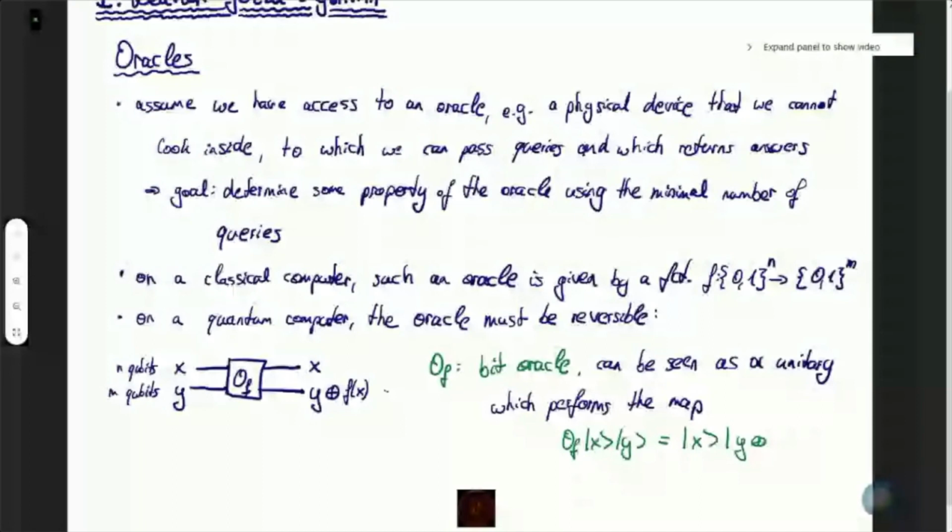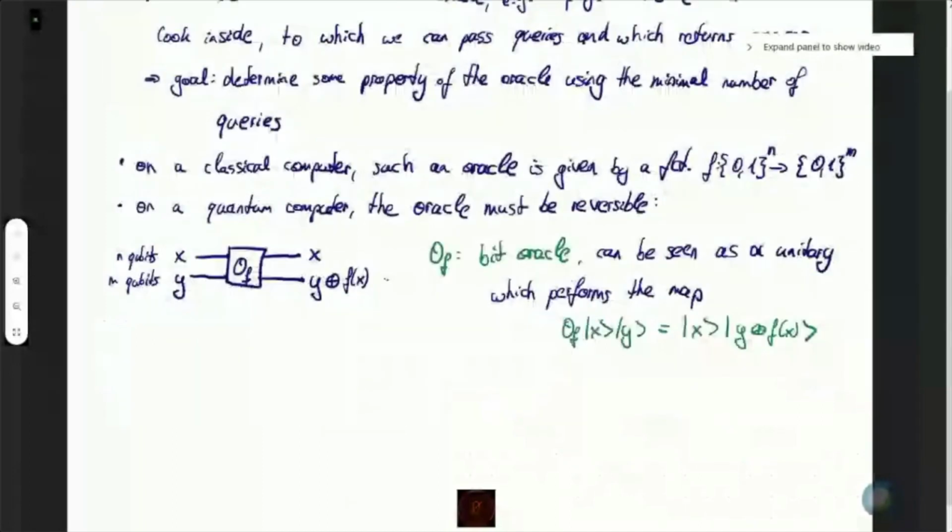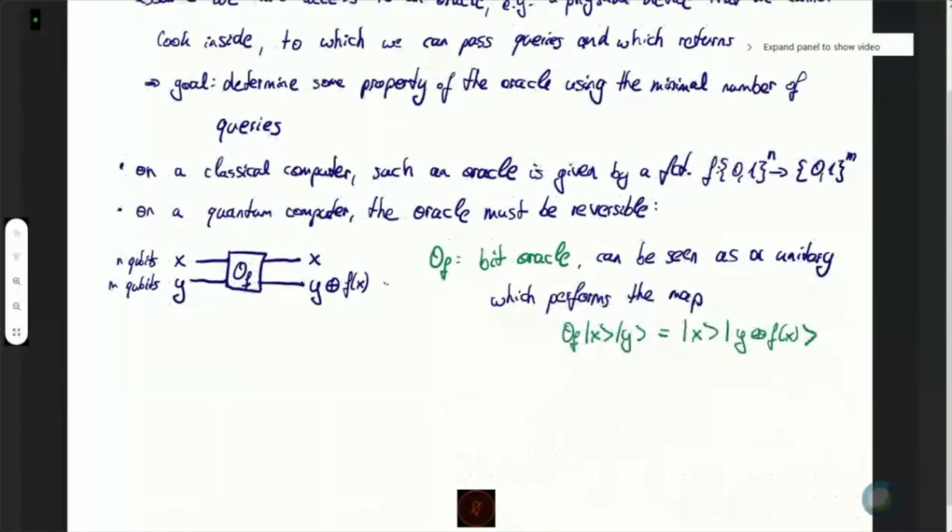And just as a reminder, this plus with a circle around it means addition modulo 2. So we add the two bits, and if it's 2, we take it modulo 2, so we take it to 0 again.